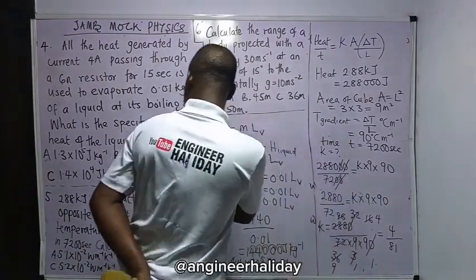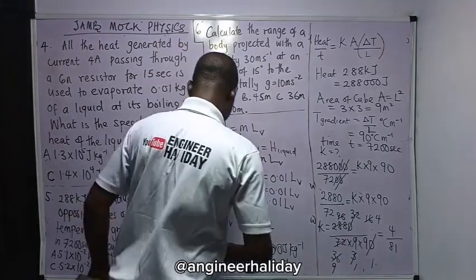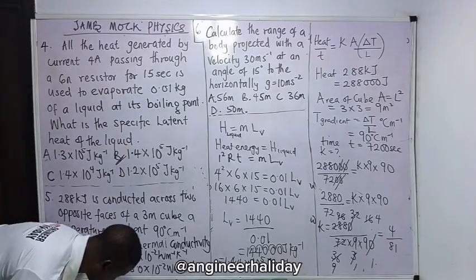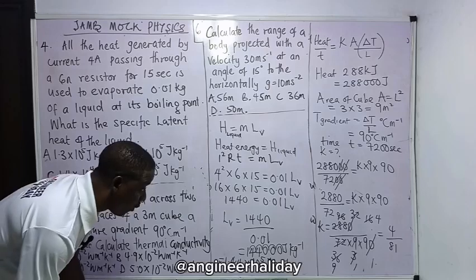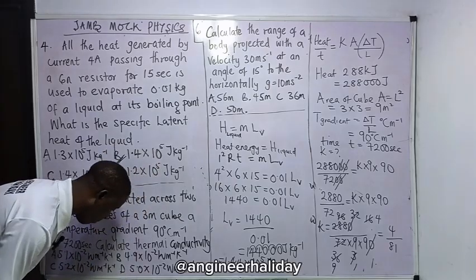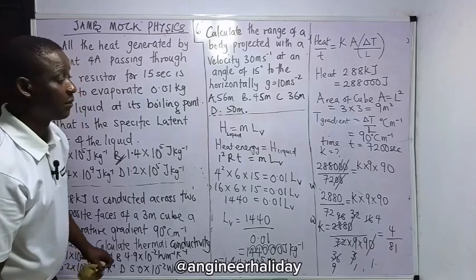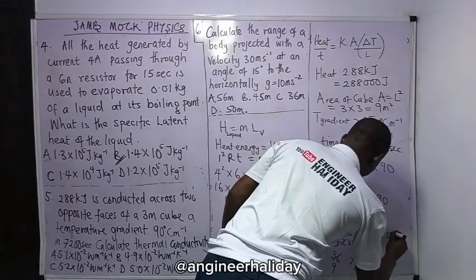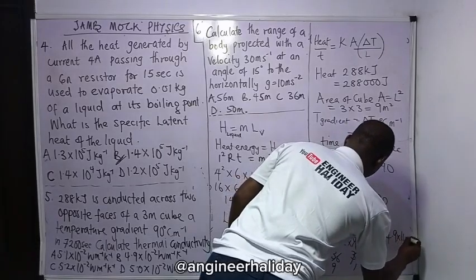That means I want to have this answer, which is about, let us press our calculator to be sure. So if you press our calculator there, you are going to be having a 4.9 times 10 to the power minus 2. Everything will be 4.9 times 10 to the power minus 2.